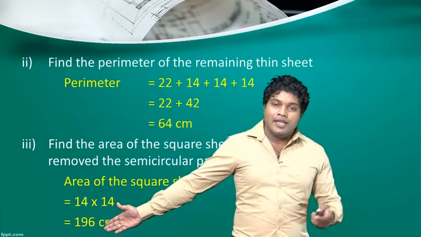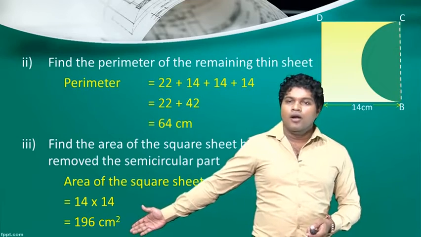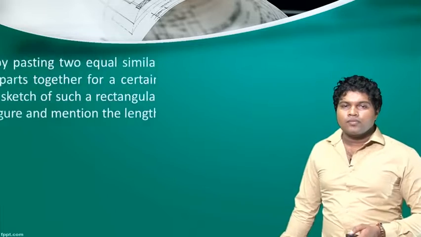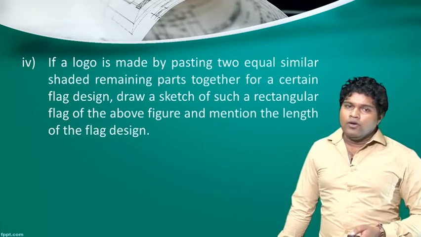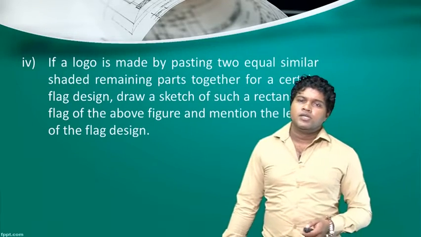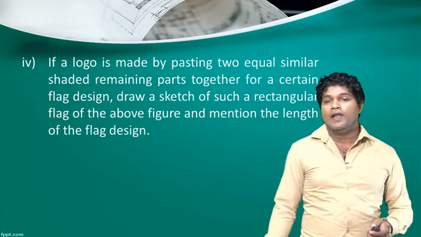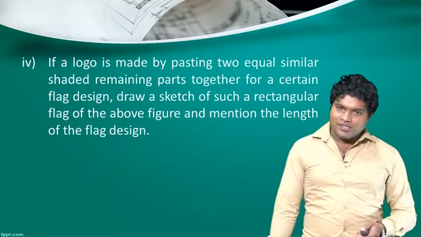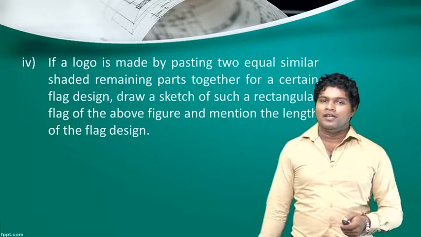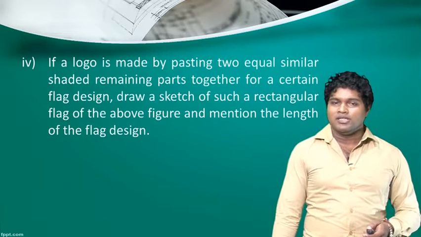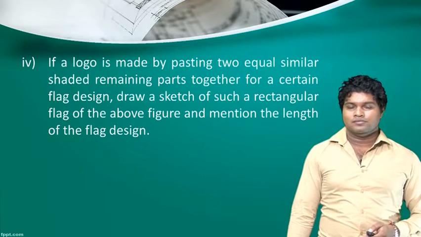Then consider the next part. With the diagram, again you can see. If a logo is made by pasting two equal similar shaded remaining parts together for a certain flag design, draw a sketch of such a rectangular flag of the above figure and mention the length of the flag design.